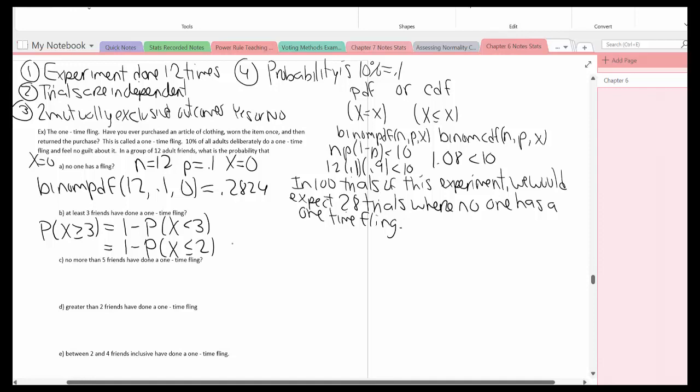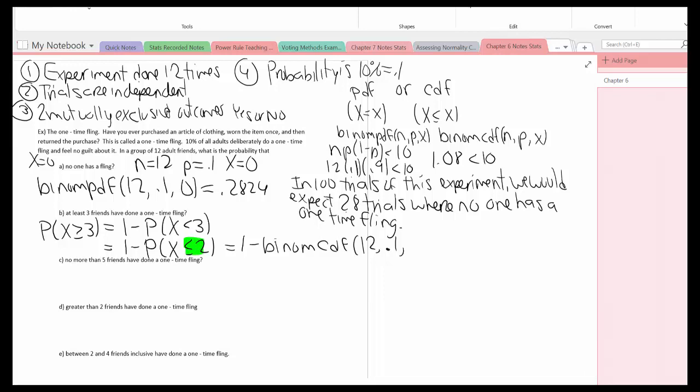How would I put that in the calculator? That's 1 minus binom CDF, because it's less than or equal to. And again, n is 12, p is 0.1, and in this particular case, x is going to be 2. Putting that in and rounding to 4 decimal places, you get that.